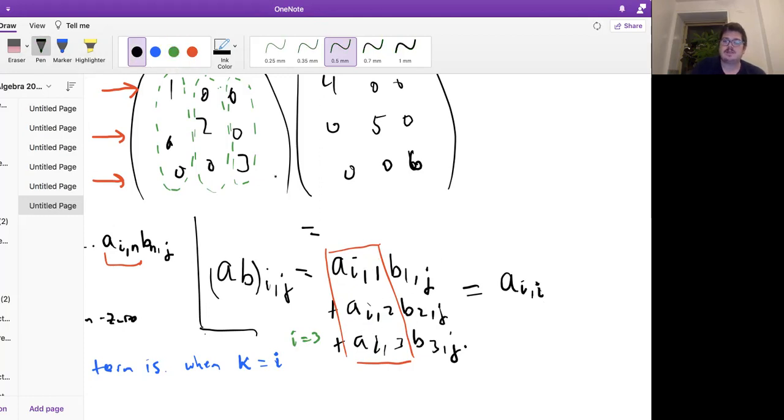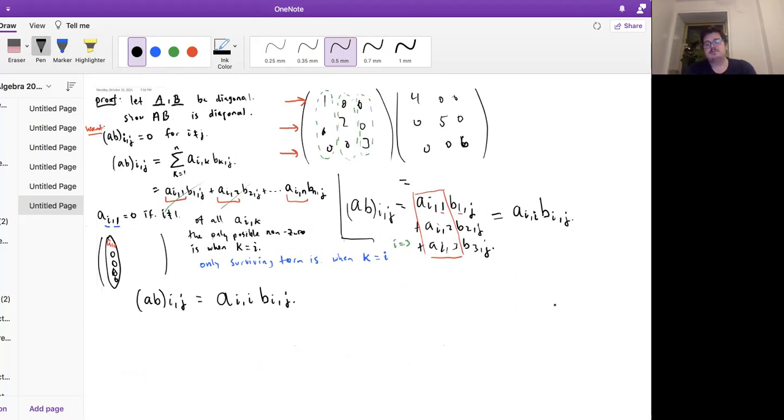So in all three cases, we're only going to have one term left. There's going to be no adding. So then in the B term, the row index will also be i. That's just in the case of the 3 by 3.